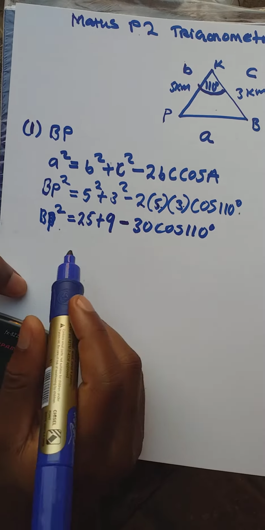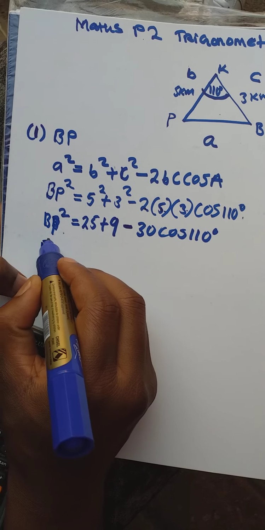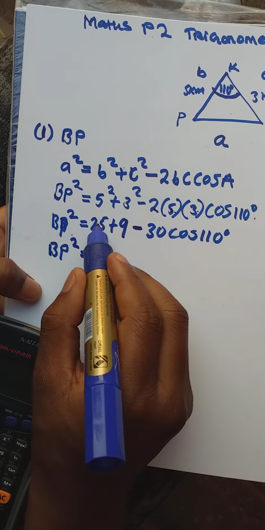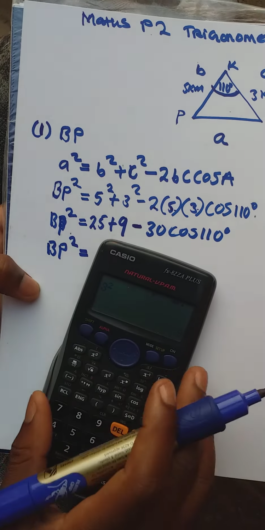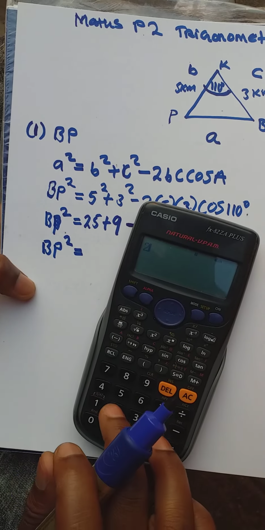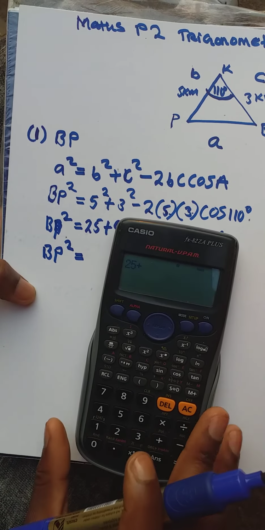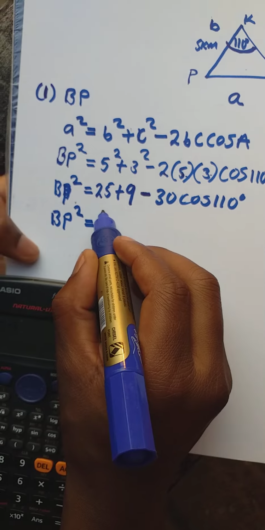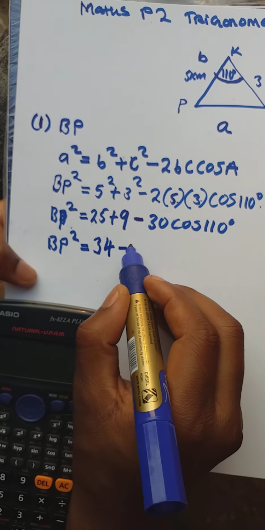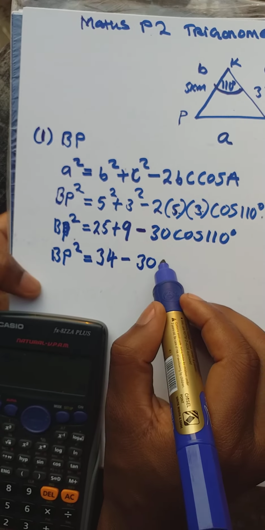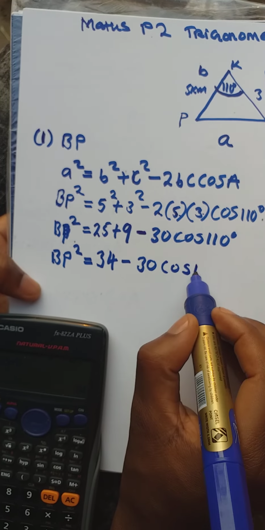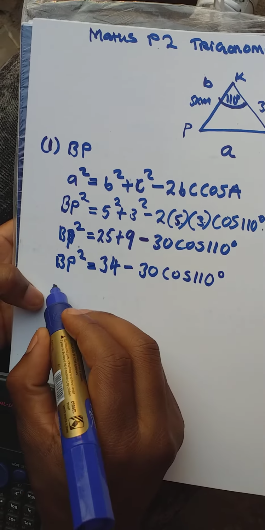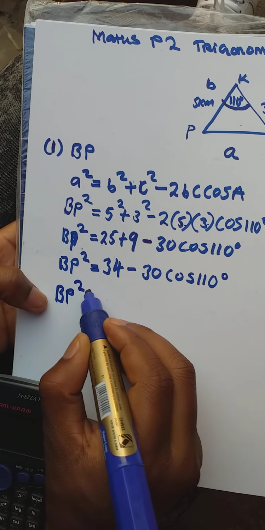So going further, BP squared equals 25 plus 9. This is paper 2, so use a calculator. 25 plus 9, you get 34. So 34 minus 30 cos 110 degrees. This is BP squared.